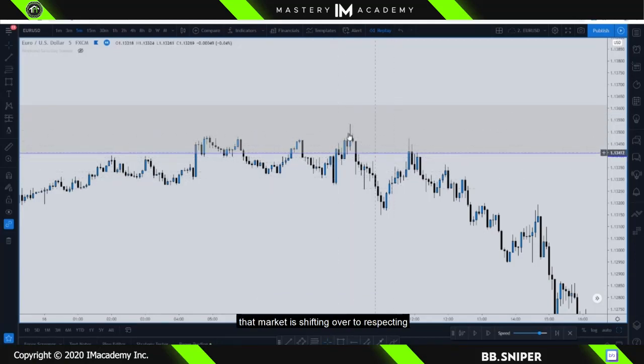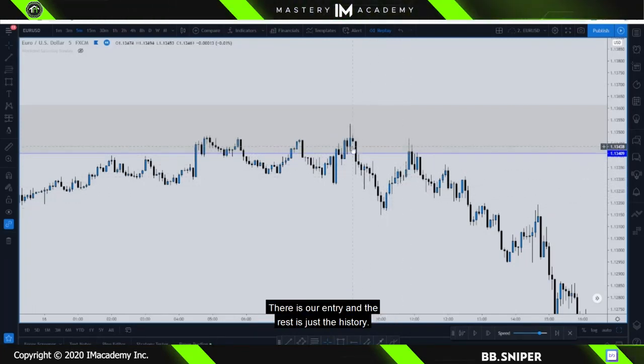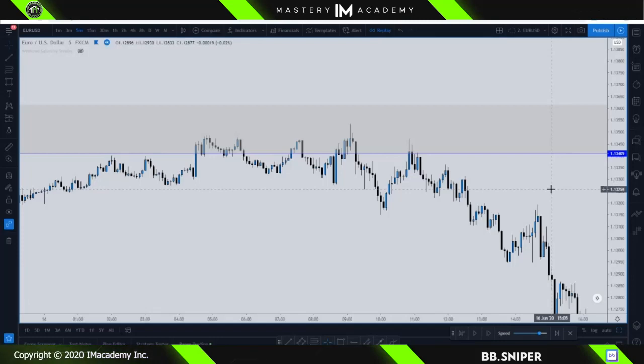And there is a high chance that the market is shifting over to respecting a bearish environment or bearish orders. So where are the bearish orders? Pretty much right over here, because the market collapsed liquidity right over here. We have the imbalance, we have the institutional candlestick, we have a new range. When we come back up, bam, there is our entry, and the rest is just history, right?